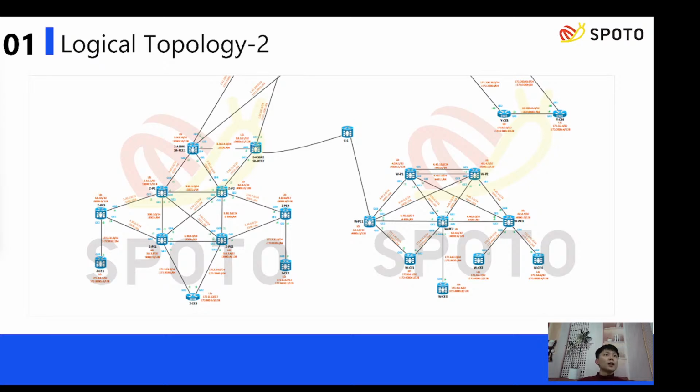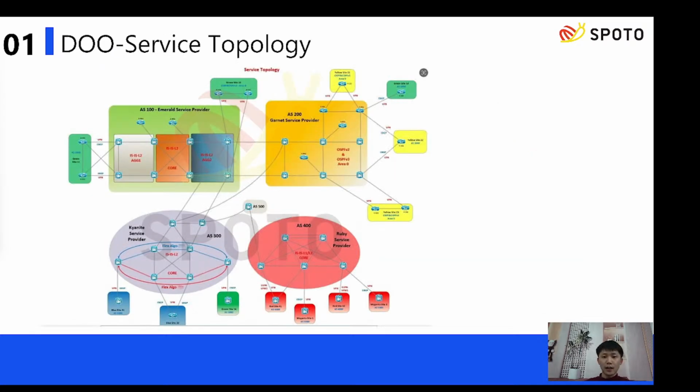Next is the service topology. In this topology, you can see there will be some VPN services and some iBGP and eBGP relationships. It means you have to do Layer 2 VPN and Layer 3 VPN.